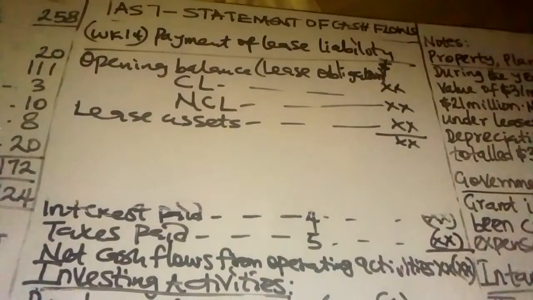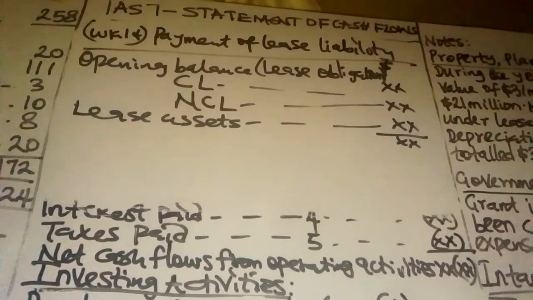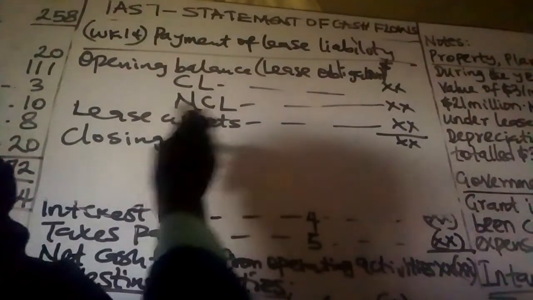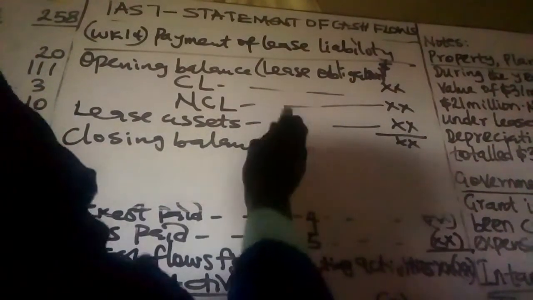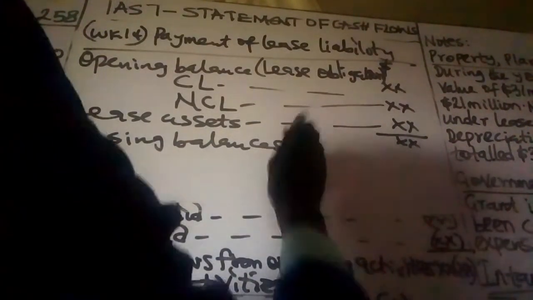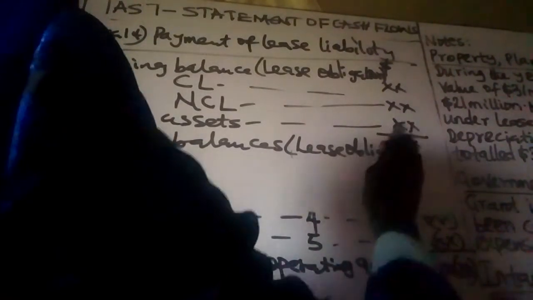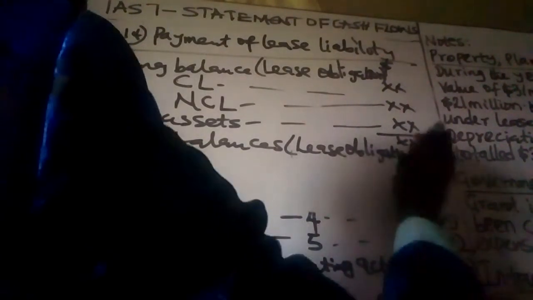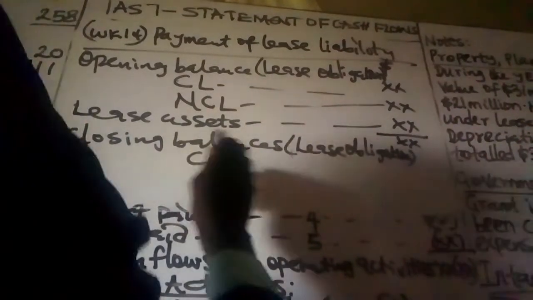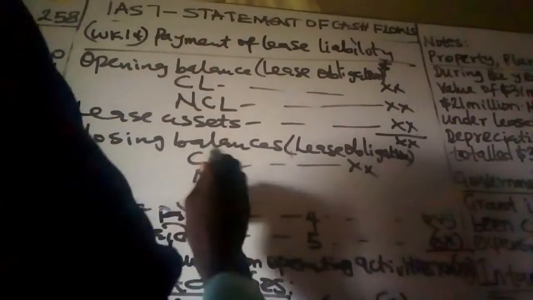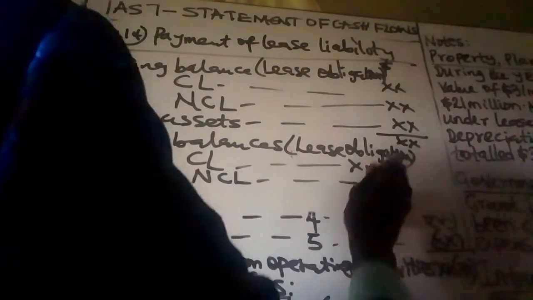Then you less the closing balances of lease obligation, the one under current liability and the one under non-current liability.